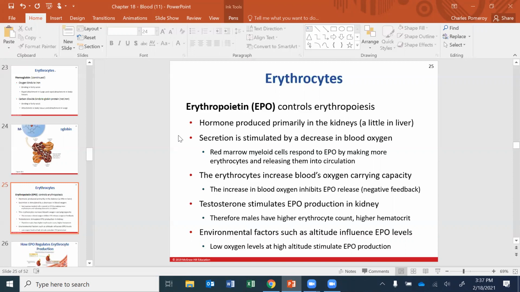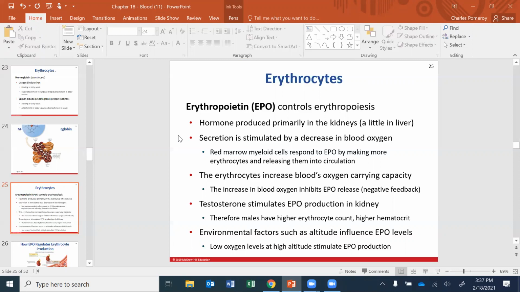And then you also have certain things that will naturally stimulate a higher level of red blood cells. One is high altitudes. There's less oxygen available at high altitudes. And so if you train for an Olympic event or whatever at high altitudes, it'll actually naturally boost your EPO production, and it will naturally boost your red blood cell production. It makes you better at using oxygen.